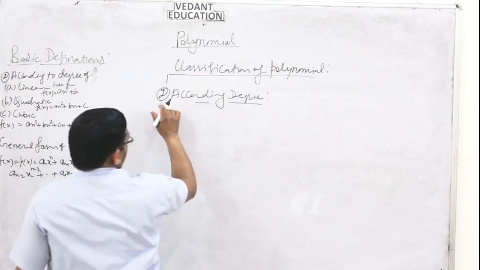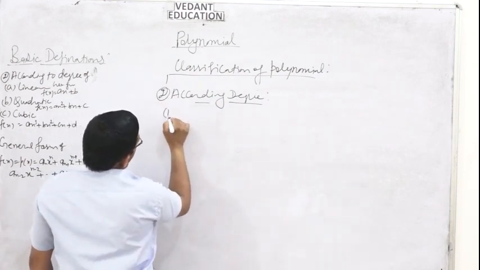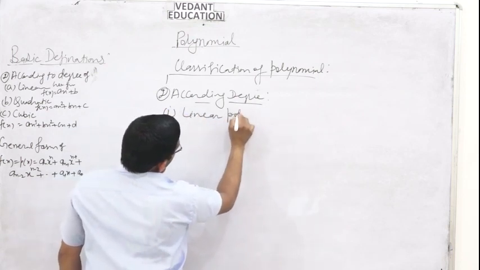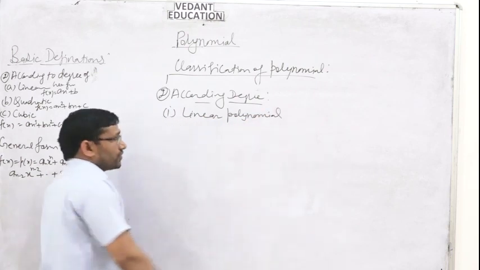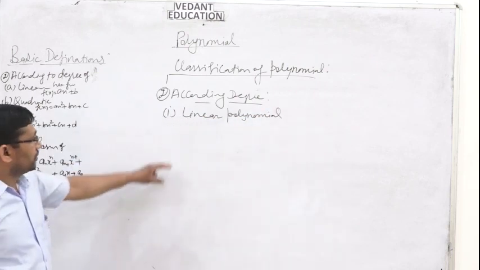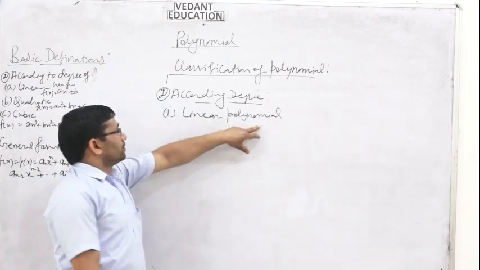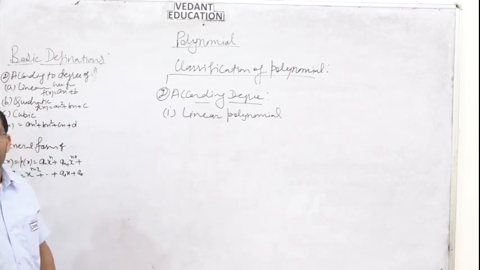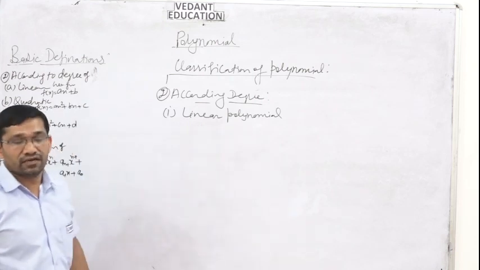So according to degree, first is known as linear polynomial. The polynomial which has degree 1 is known as linear polynomial.